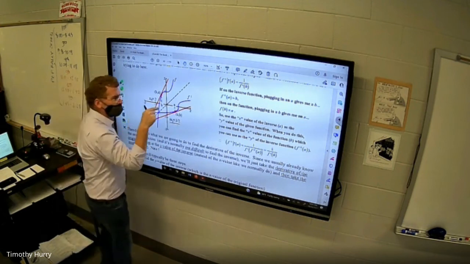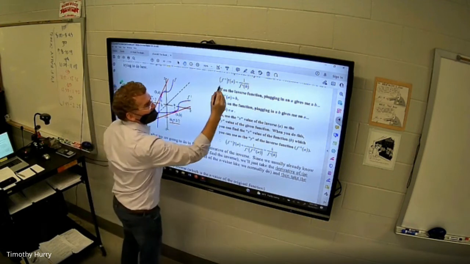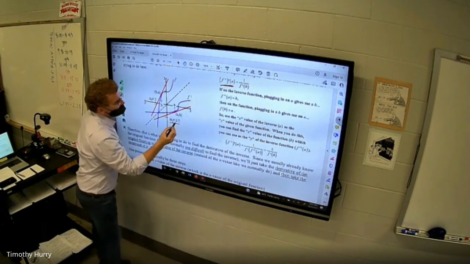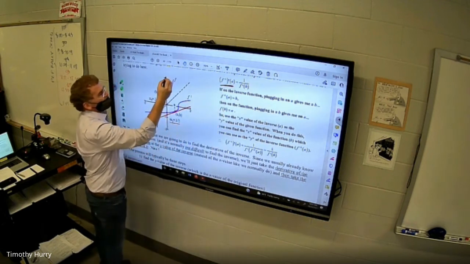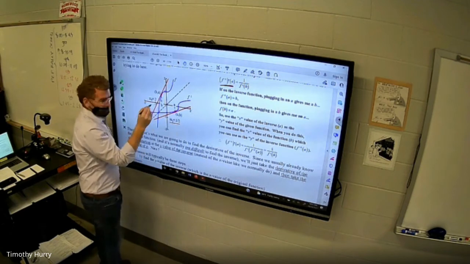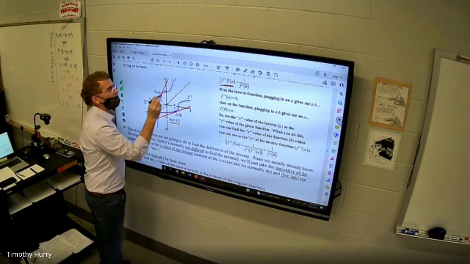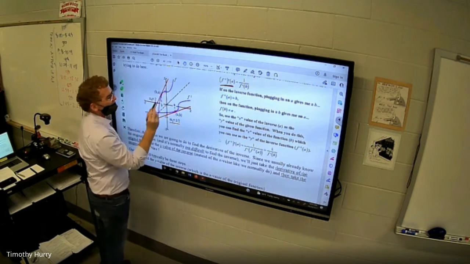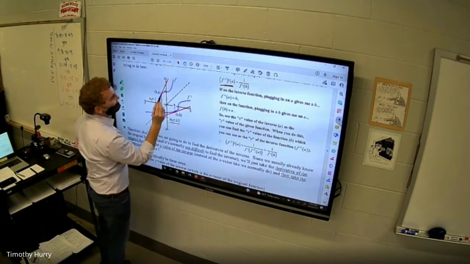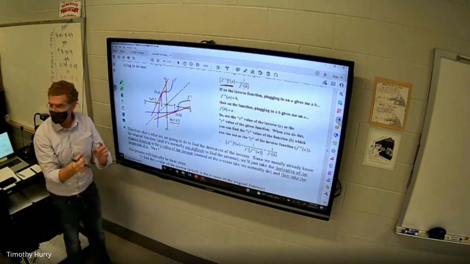Well, the derivative of the inverse at a ends up being what? The reciprocal, not 1/2, but 2, the reciprocal of the derivative of the regular function, but not at a, at b, because the a and b are switched.